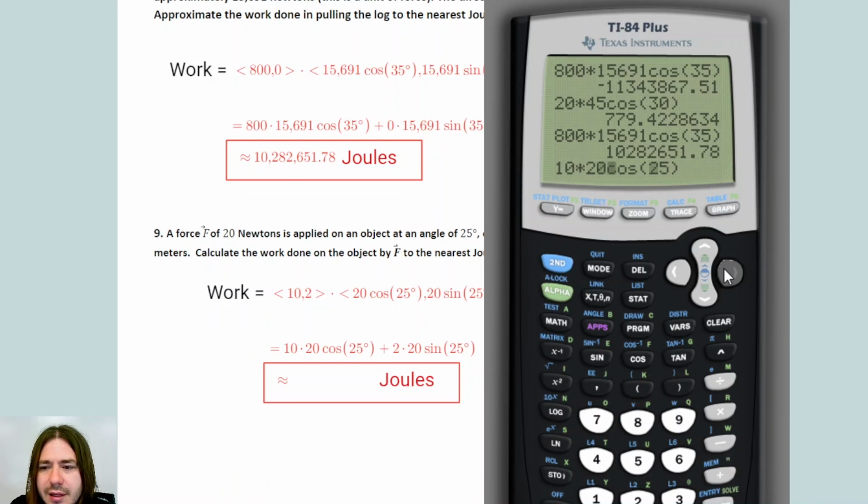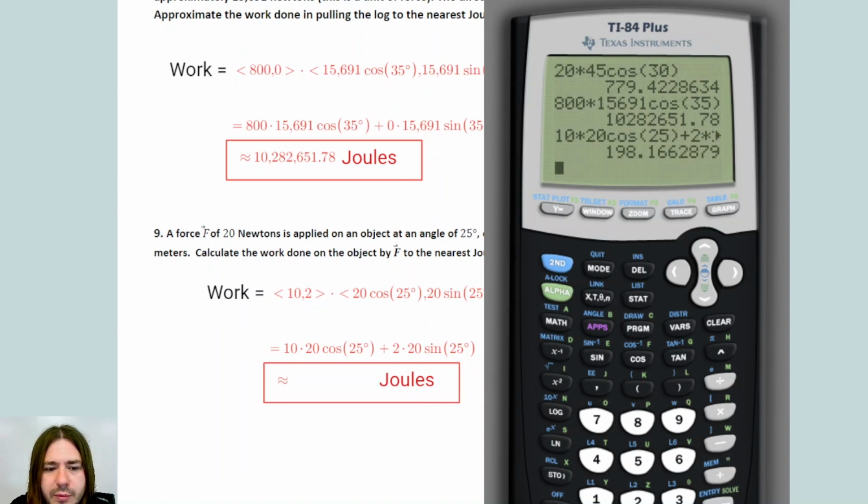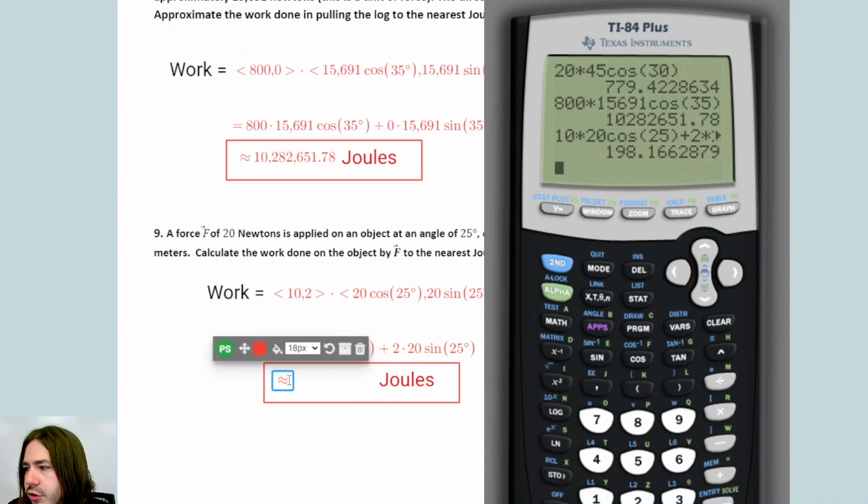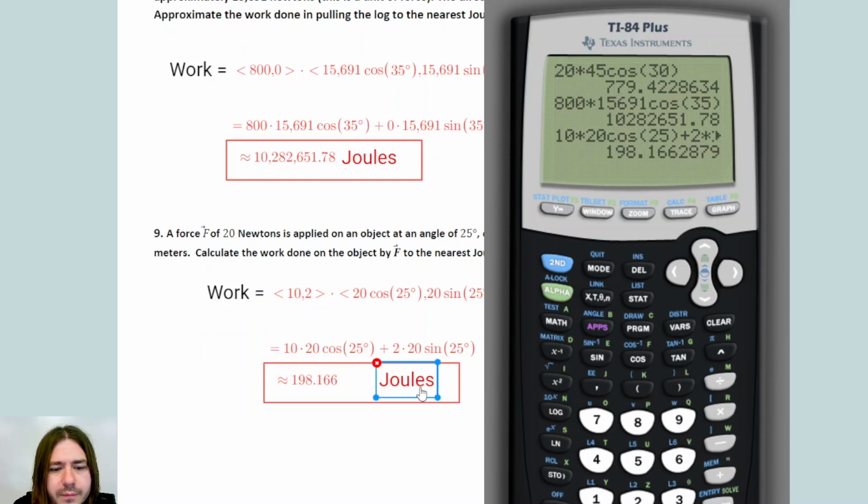And then plus 2 times 20 times the sine of 25 degrees. All right. So we get approximately 198.166 joules of work. And that pretty much wraps it up for this homework, okay?